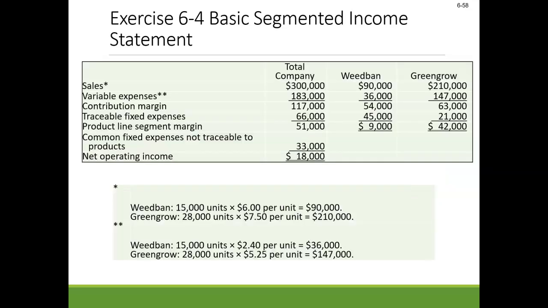So we basically can take this and show our sales broken down by Weed Ban and Green Grow and our total, then our variable expenses, showing our traced fixed expenses. And you see here the Green Grow, their margin for this department is at 42,000, where Weed Ban's is at 9,000.